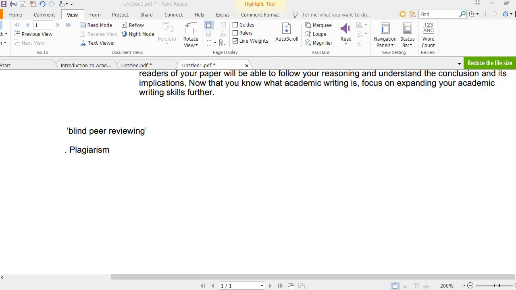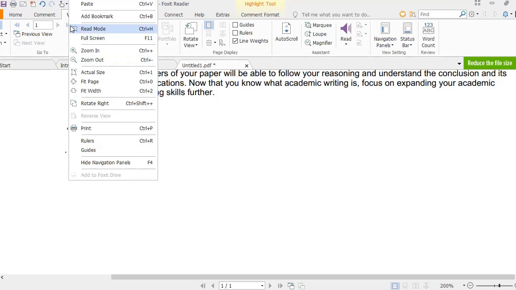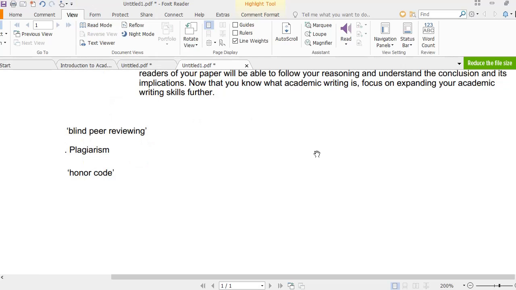Next, the term is honor code. That means a writer of an academic paper is expected to adhere to certain basic ethics, and they have to conduct themselves in a responsible manner. Some universities make it mandatory for all students to sign an agreement called the honor code at the time of enrolling for academic programs.